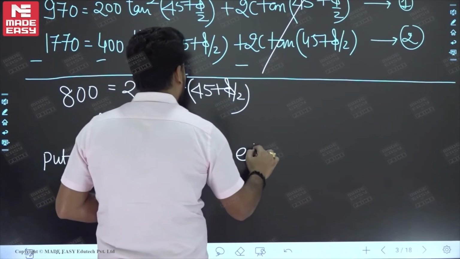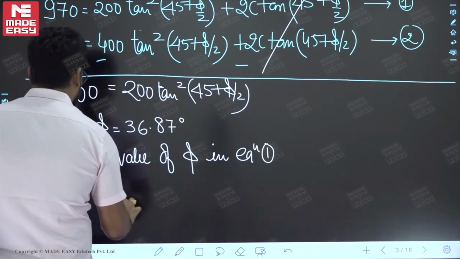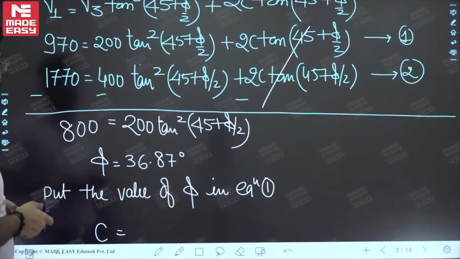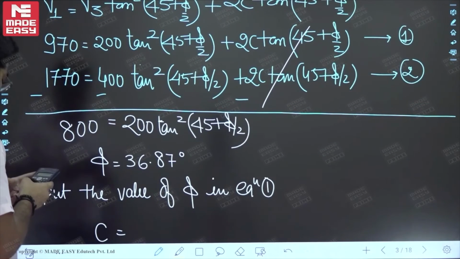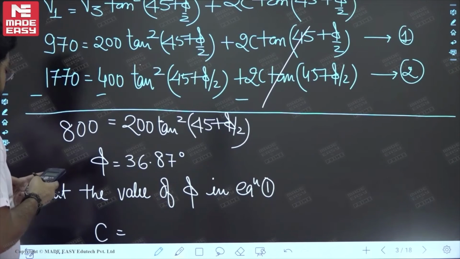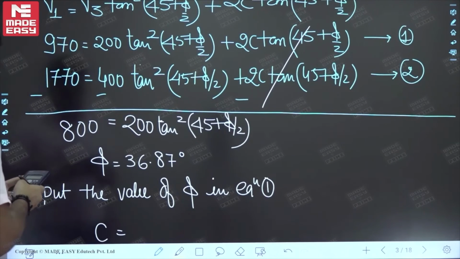Now put the value of phi in any equation. If we put it in, for example, the first equation, we can obtain the value of C. So 970 minus 200 into tan square (45 plus 36.87 divided by 2), divided by 2 tan (45 plus 36.87 divided by 2).